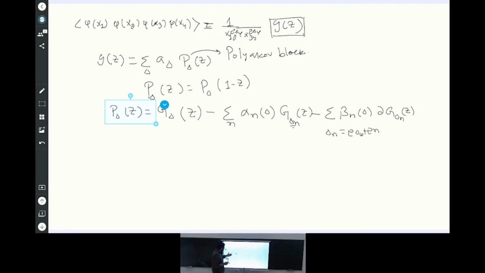So when you expand the Polyakov blocks in conformal blocks, you see there is this physical block, but then there are these unphysical blocks. And the statement of this functional bootstrap is that if this gives rise to the same correlator, then this coefficient, when summed over the spectrum, should vanish. So this results into the following two discrete sets of equations.